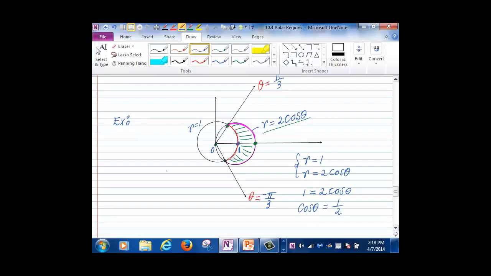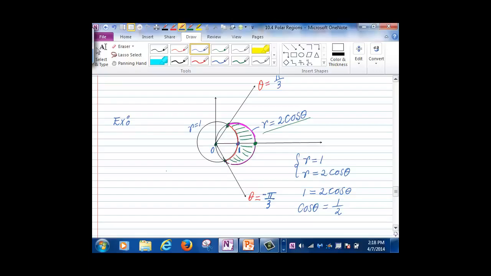How about the other one? r is 2 cosine theta. Are we tracing out the magenta curve as theta goes from negative pi over 3 to positive pi over 3? When theta is negative pi over 3, what's the value of r? It's 1, right? And when theta is 0, it's 2.